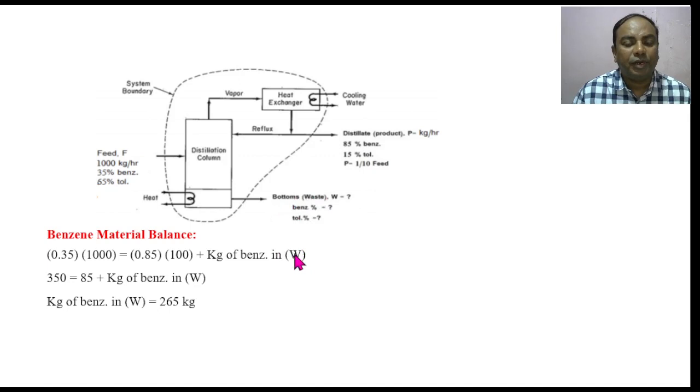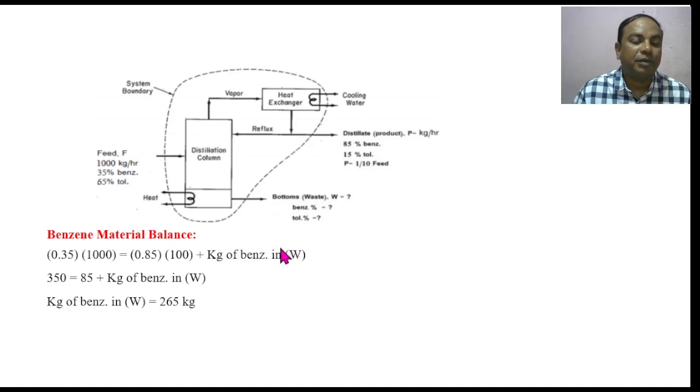So W we know, multiplied by, suppose we take one variable as the mass fraction of benzene in the bottom stream, which we have calculated over here. Or we can take the bottom stream W directly.